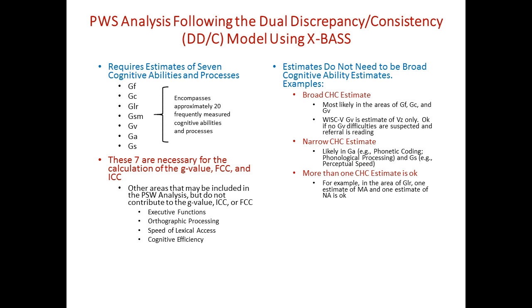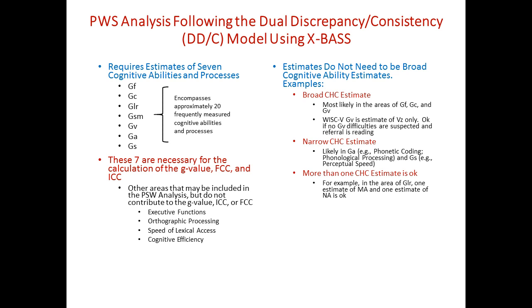So the idea is that there are 7 broad cognitive abilities that ought to be assessed at a minimum, and it's important to estimate broad abilities whenever possible, but acknowledge that because we're evaluating children who struggle in the learning process, we often have a lot of variation within broad areas. So we follow up on some variation, particularly when it's low, and we may end up with 2 composites, and that's okay.